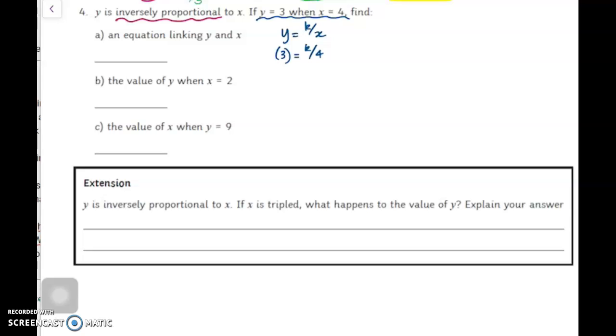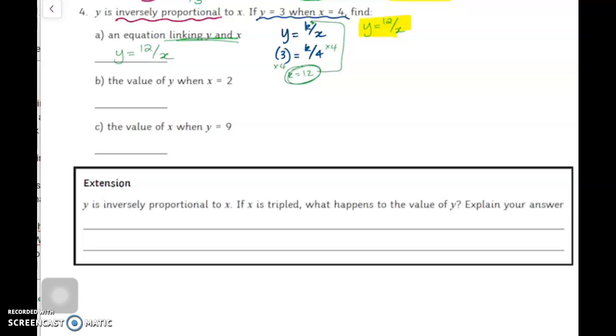We can now solve for k by multiplying 4 on both sides to get k is equal to 12, which we can now substitute back into our original equation to get y is equal to 12 over x. And that's my equation linking x and y, so I can write down the final answer here.